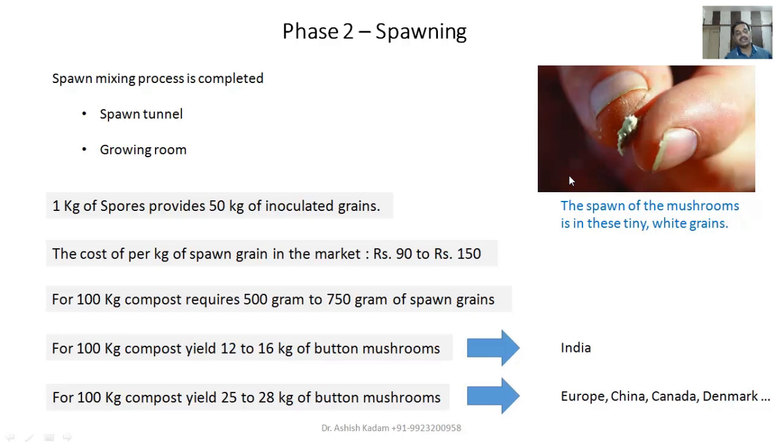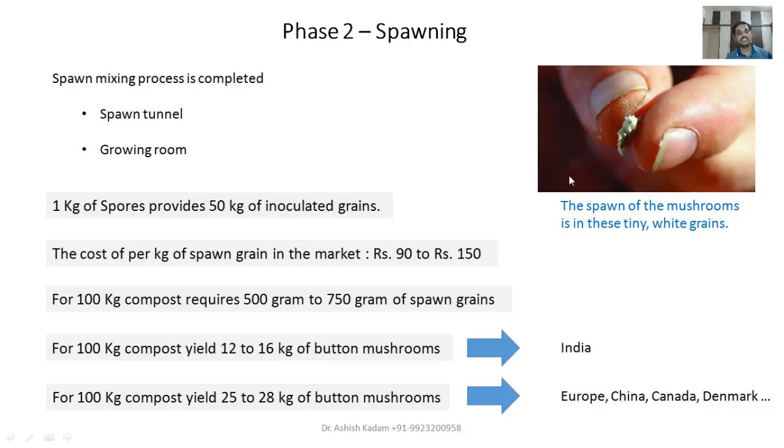That is the reason people in developed countries, where they have less labor, shift to high-tech technology and do this entire process with the help of machinery in the growing rooms.